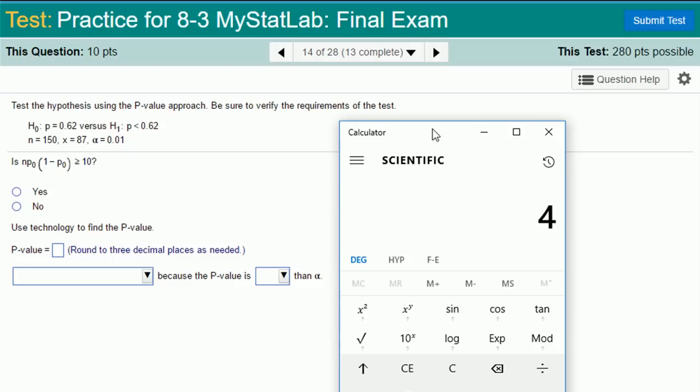So let's calculate n, 150, times p naught, which is from the null hypothesis 0.62, times 1 minus 0.62. So p naught is the value of p supposed in the null hypothesis, and 35.34 is greater than 10, so we're good. Yes, that's true.